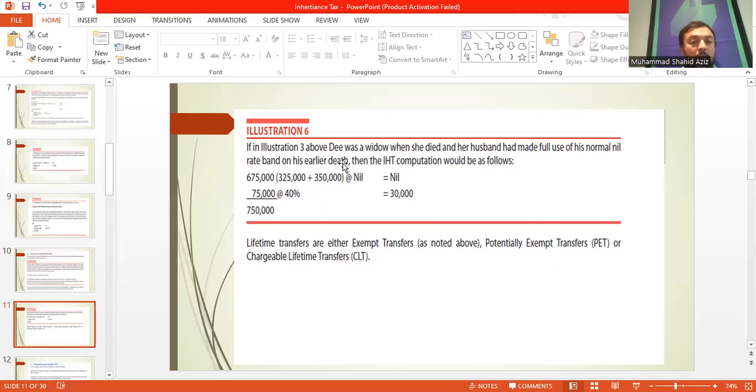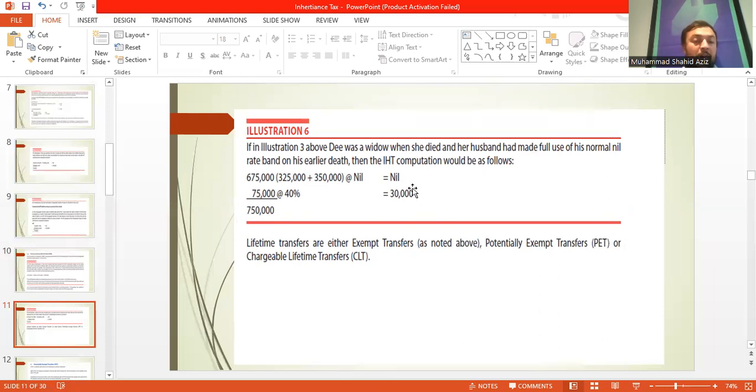If in illustration 3 above, D was a widow when she died and her husband made full use of his normal nil rate band. So the husband has already used the nil rate band of 325,000, it's not available. Then the inheritance tax computation would be as follows. The death estate is 750,000. We know that 325,000 plus 175,000 for D, plus 325,000 for the husband, plus 175,000 residence nil rate band for him.